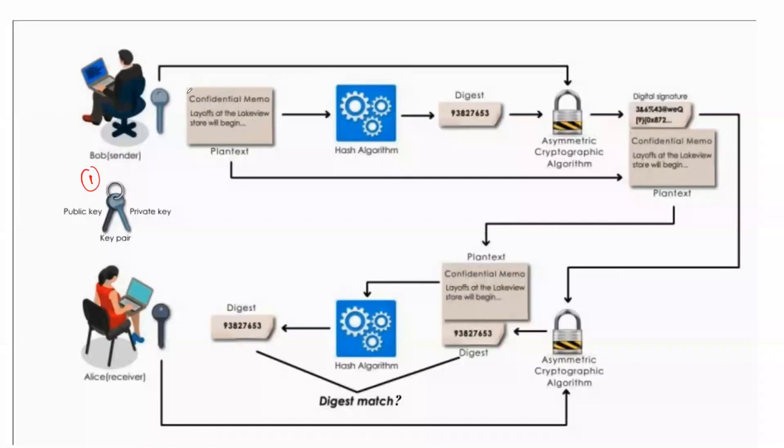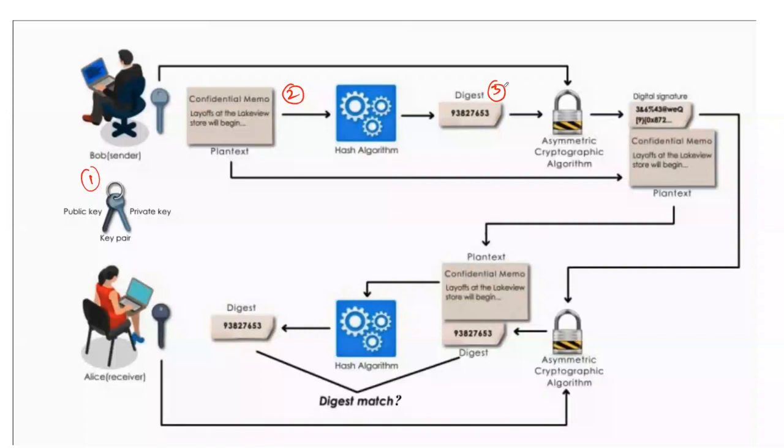The second step: the message, the plain text, is given as an input to the hash algorithm. Whatever plain text he wants to send first goes through the hash algorithm. The hash function generates a digest.